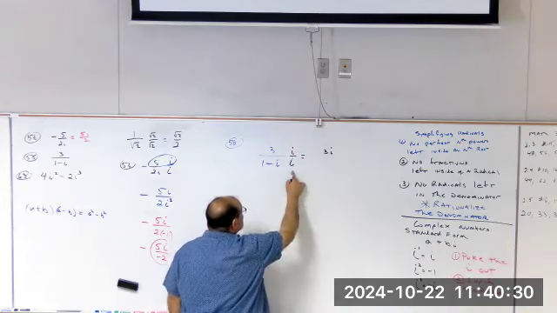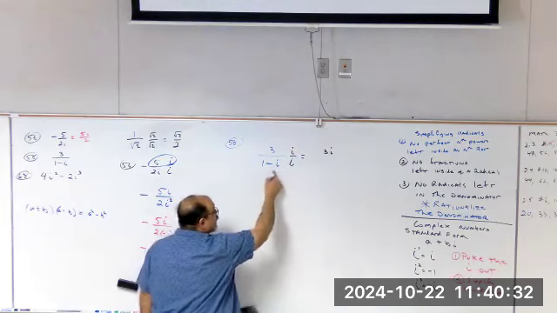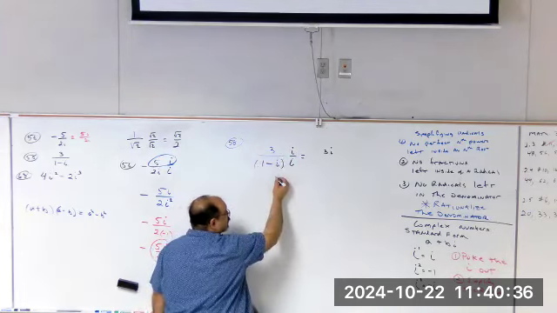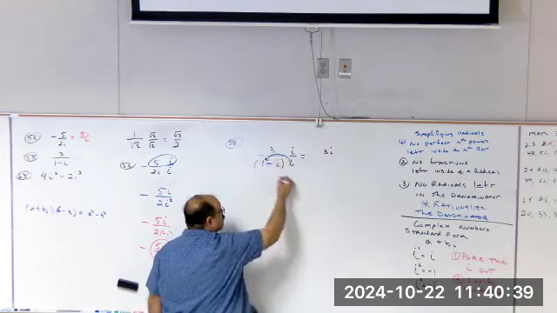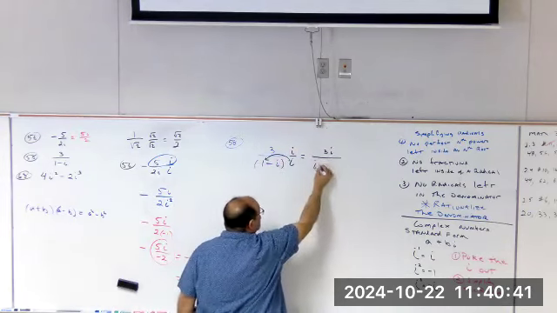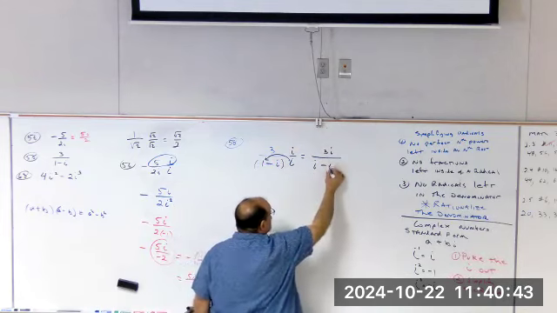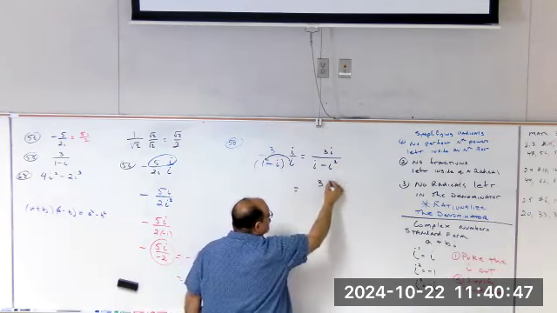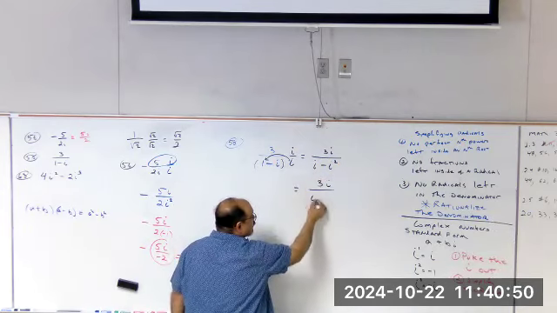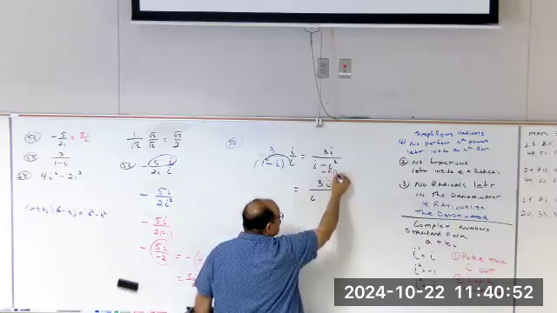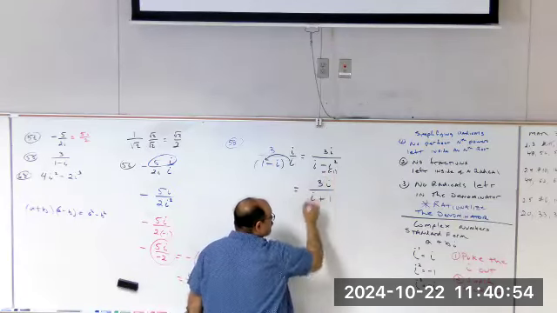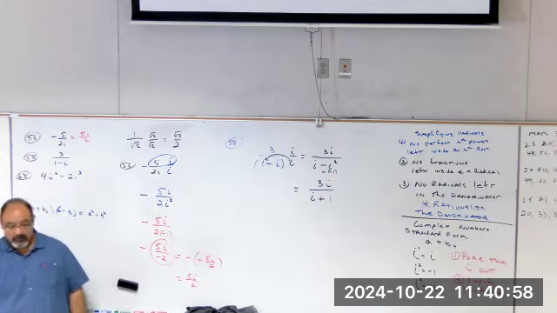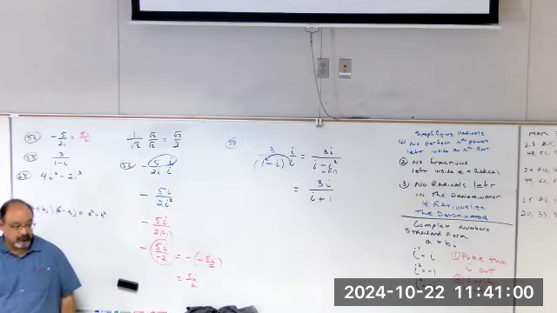Now down here, it's i times the entire denominator, so you would have to distribute. So you get i times 1 minus i times i squared. So we end up with 3i over i minus negative 1, so that becomes plus 1. And you still have an i in the denominator.